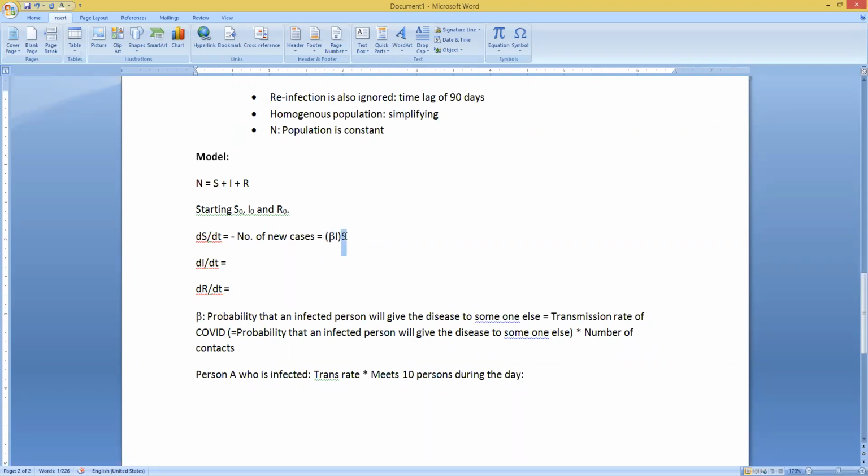And to get the number of cases, we have to multiply by S, the number of healthy people. Okay, so dS/dt becomes minus beta into IS.